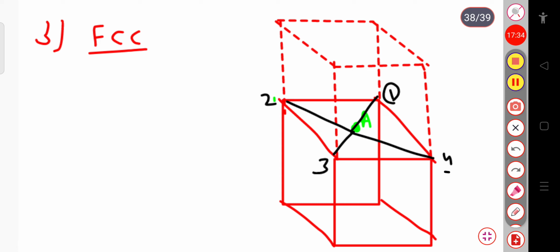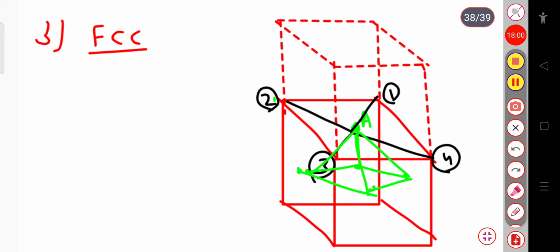On this plane, these 4 are the nearest neighbors. And also on the back side, front side, and the side walls, atoms are present. These face centered atoms are also at equal distance from this point A.